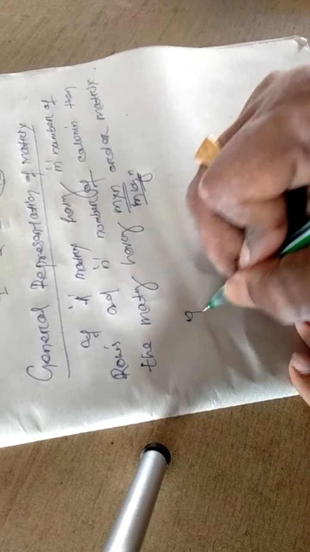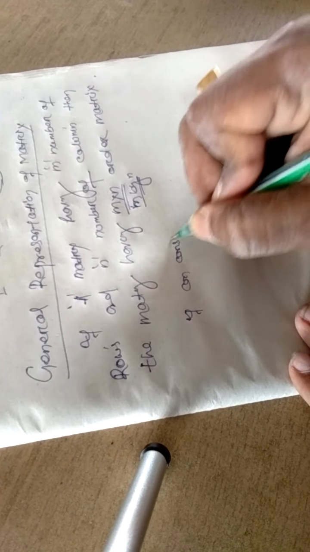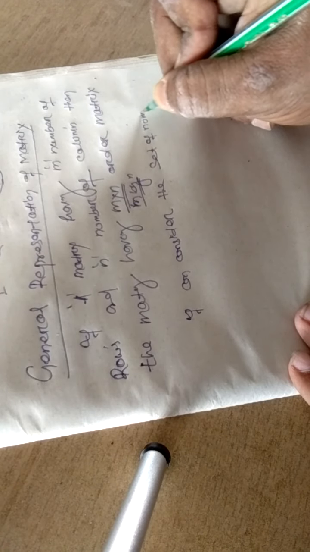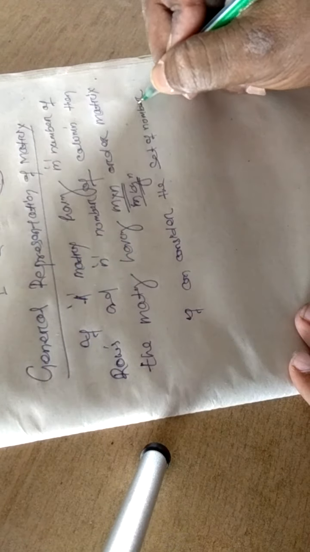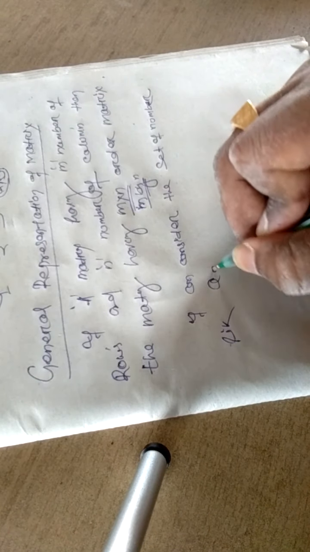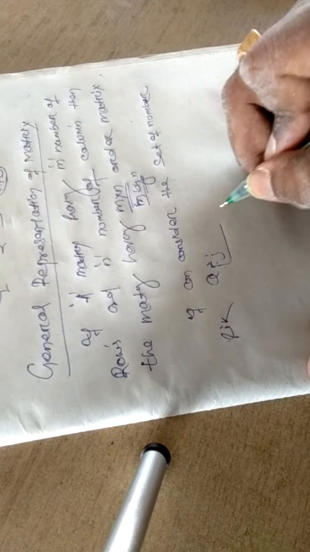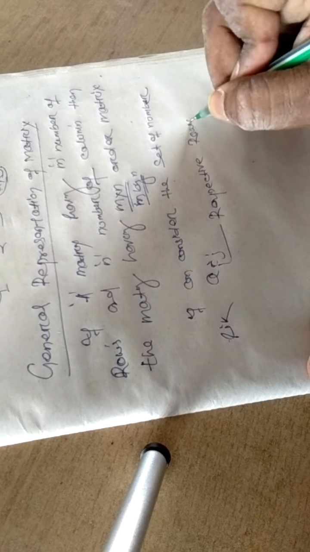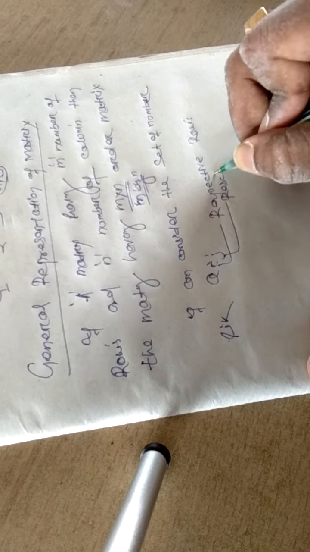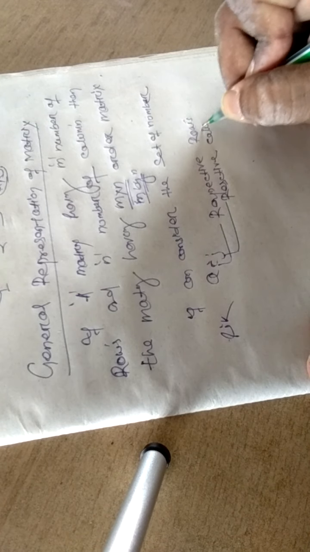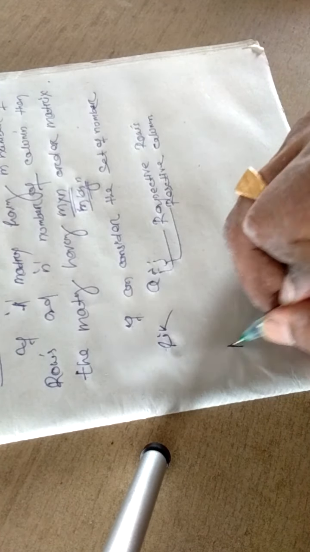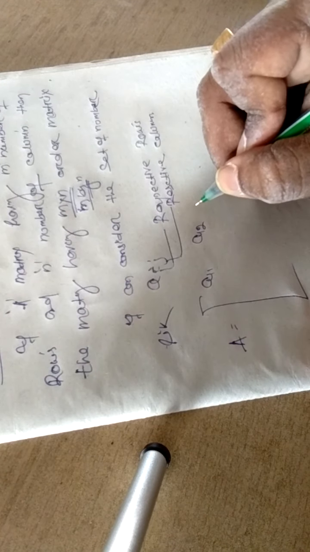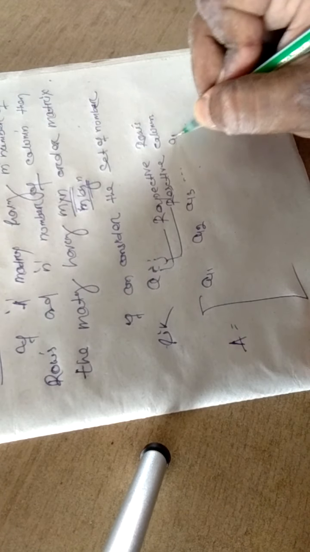If we consider the set of numbers like Aij, where i means the respective row and j means the respective column, then our m by n matrix will be A11, A12, A13 up to A1n.